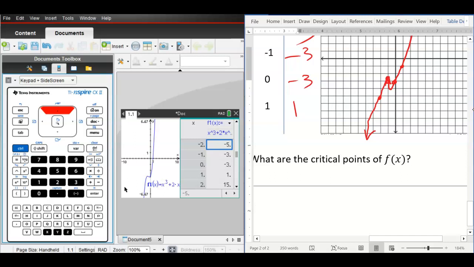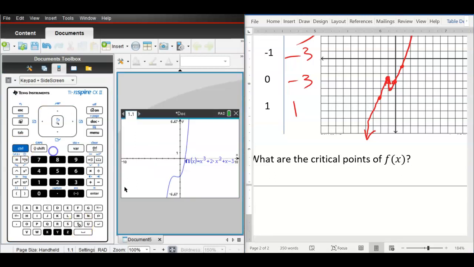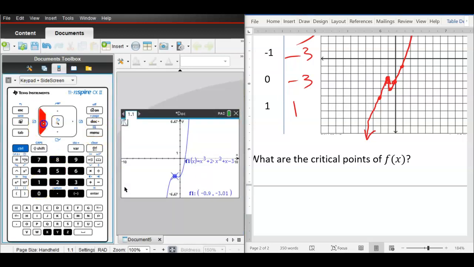I know it's kind of hard to see there. So to get these critical points, I need to do menu 5-1. Y'all remember menu 5-1? You can trace it to get the vertex or a max or a min. So in this case, I got a little max right there. So let's go ahead and write, there's a maximum at -1, -3. That's this point right here.